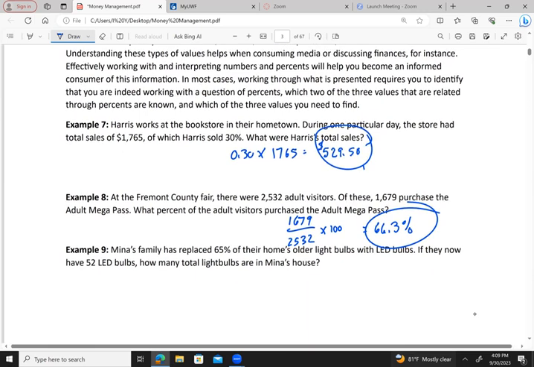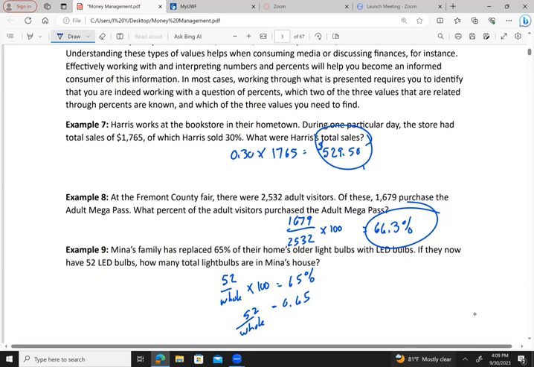The Menace family has replaced 65% of their home's older light bulbs with LED bulbs. If they now have 52 LED bulbs, how many total light bulbs are in the Menace house? We have 52 over the whole times 100 equals 65%. We get rid of the 65%. We have 0.65 equals 52 over the whole.